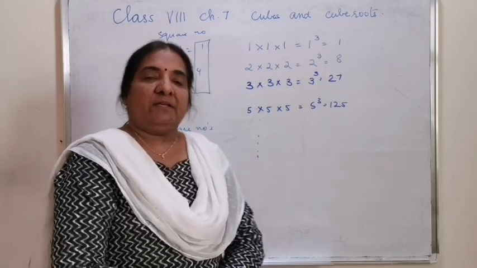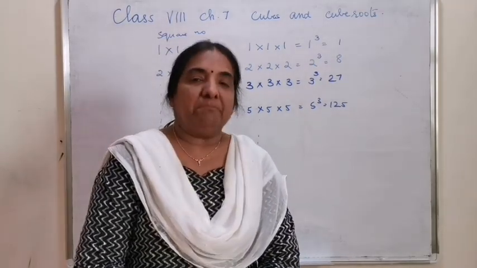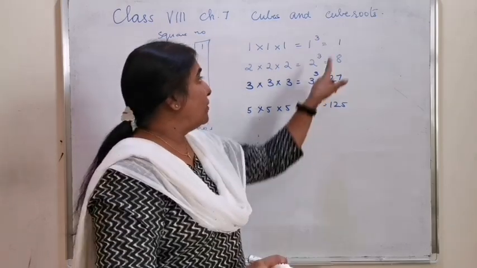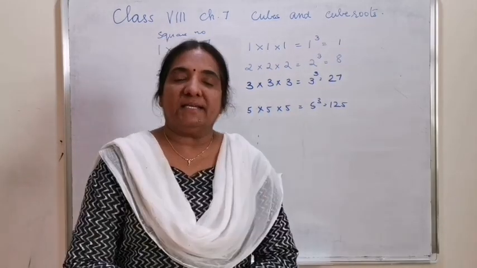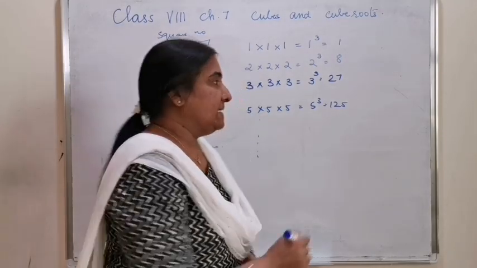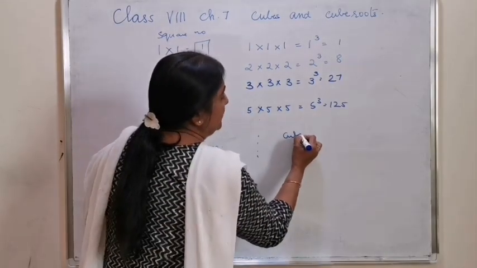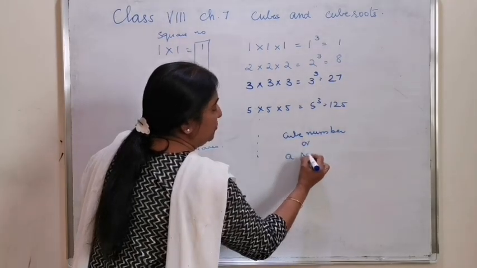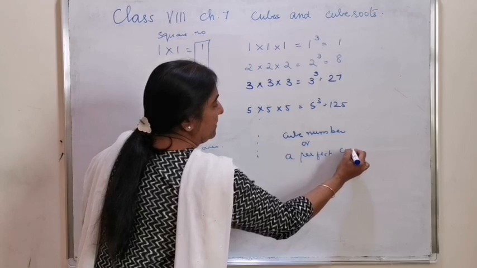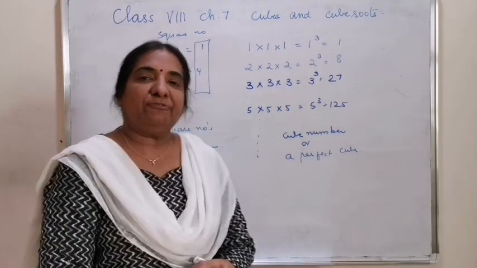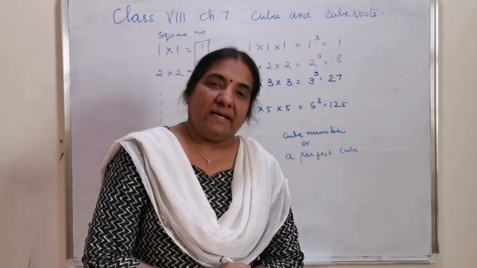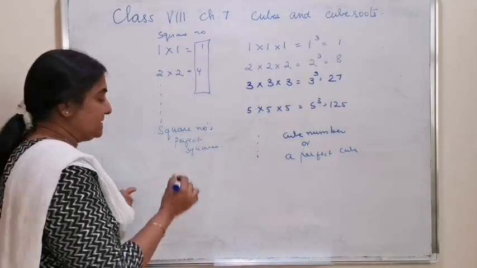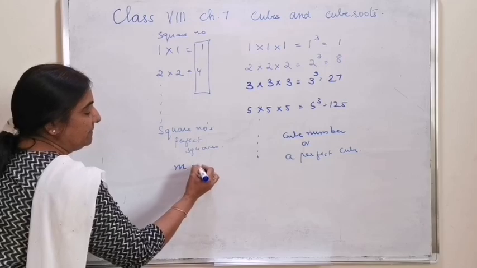That is, if you multiply any number 3 times by itself, the product or the answer you are getting will be called a cube number or a perfect cube.